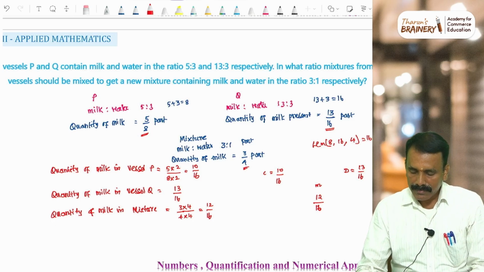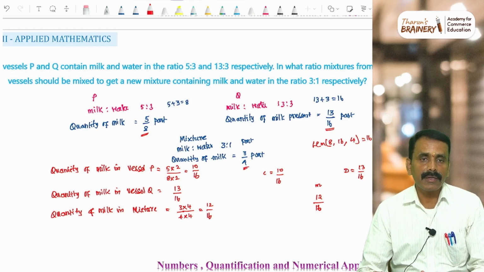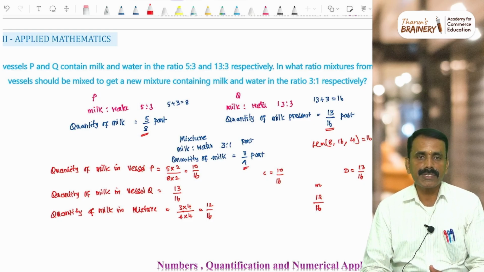That's why we are converting all the fractions to a common denominator. Then only we can compare the numerators to check which is cheaper and which is costlier.